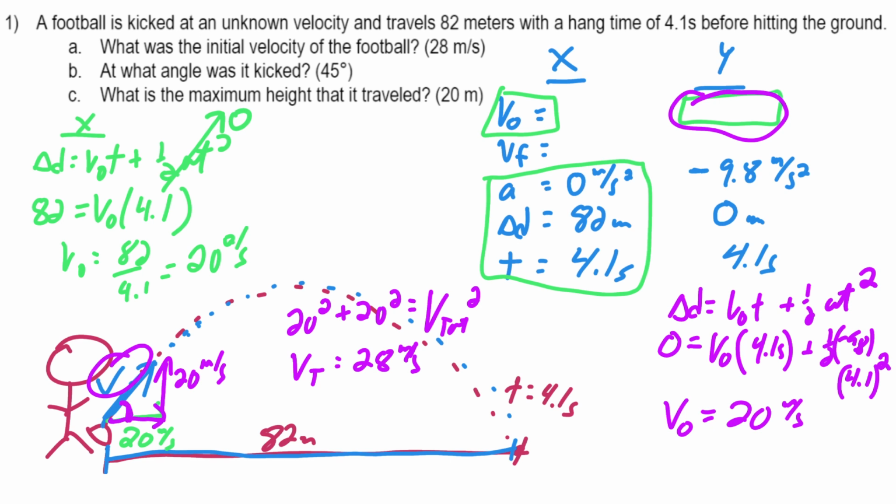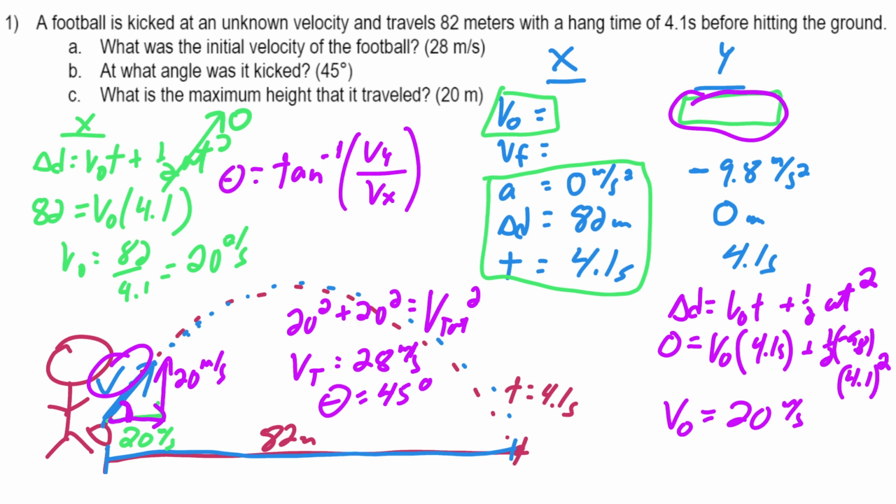You can see this is an isosceles triangle, so the angle is obviously going to be 45 degrees. But if you didn't know what it was, you would just use your tangent function, inverse tangent of the opposite, the Vy over the Vx, and solve for it that way.